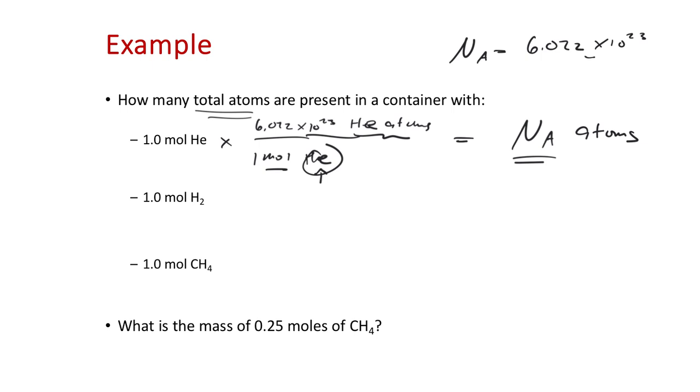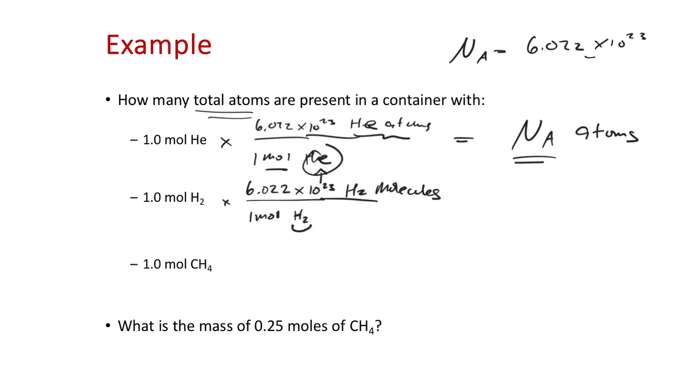If I had a mole of hydrogen, H2, again, a pretty simple conversion, but there's some good thought that we can lose if we don't understand that a mole of hydrogen H2 contains 6.022 times 10 to the 23 H2 molecules.